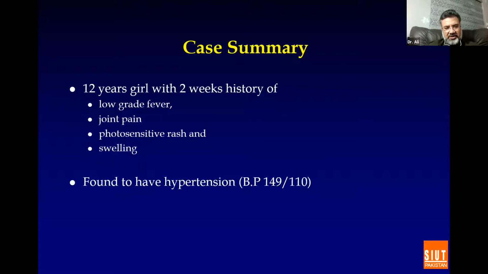As per pediatric definitions, this was more than her 95th percentile, and she had generalized edema. With all these symptoms, we were quite sure that we're dealing with some kind of autoimmune disease, and we were thinking about lupus nephritis.